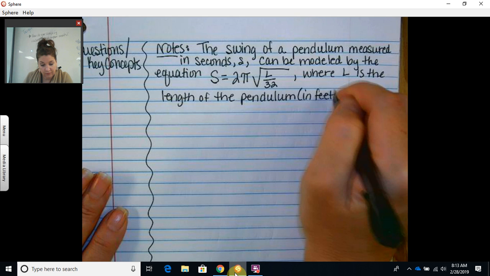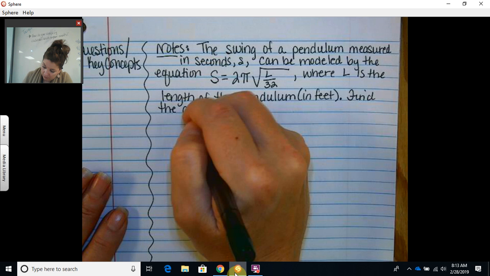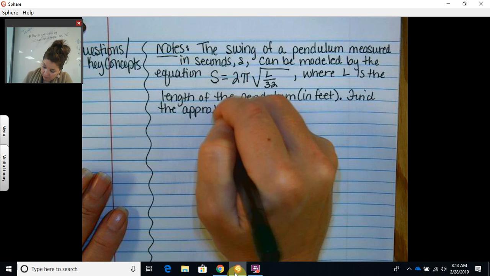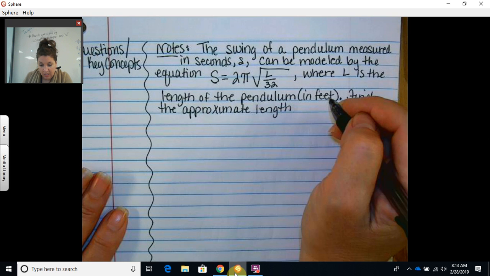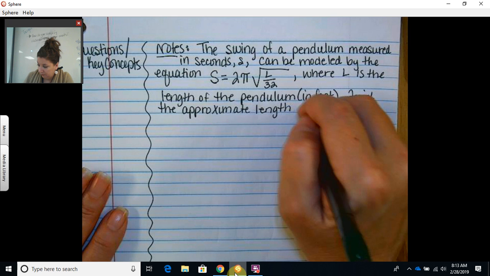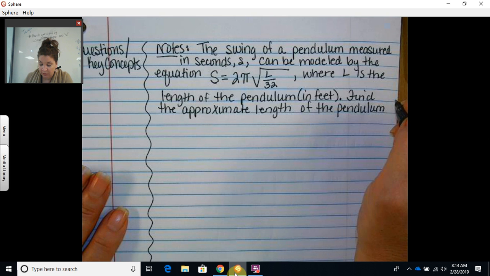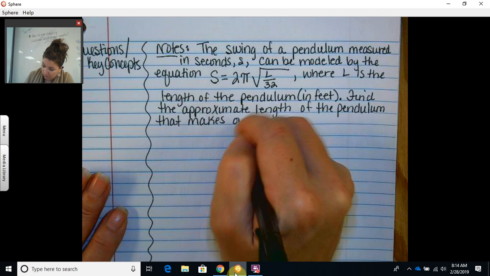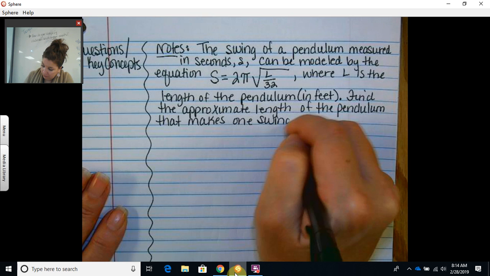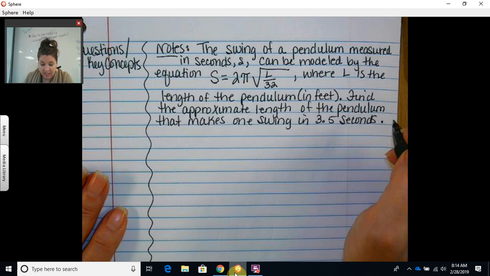Find the approximate length of the pendulum that makes one swing in 3.5 seconds. Round your answer to the nearest 100th foot.